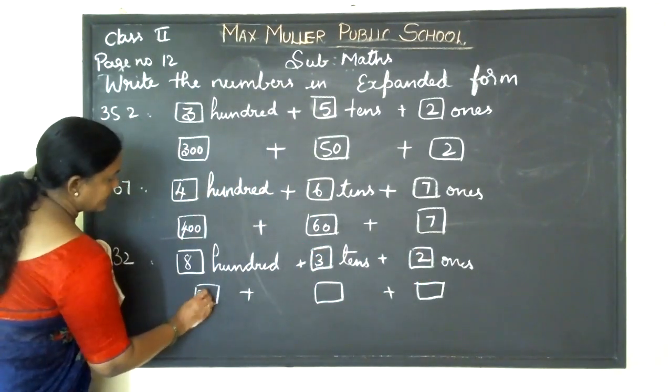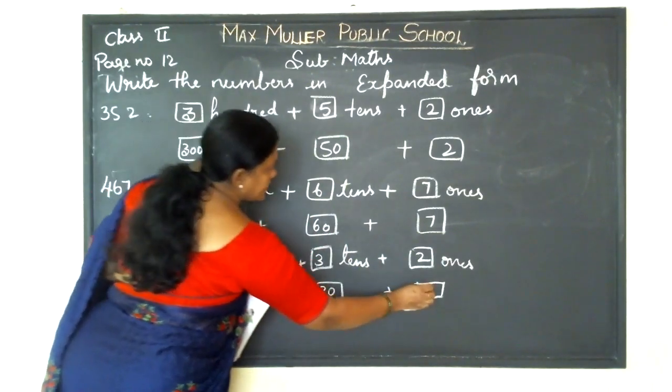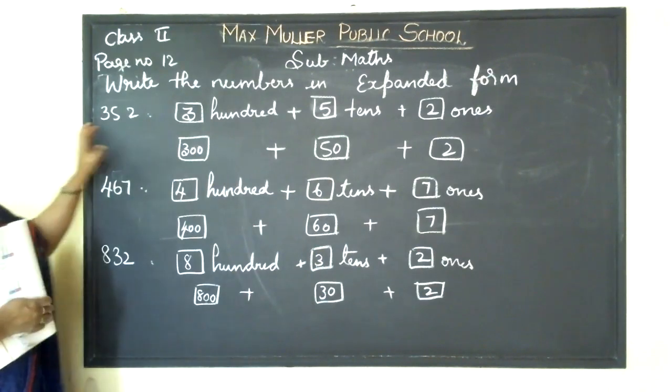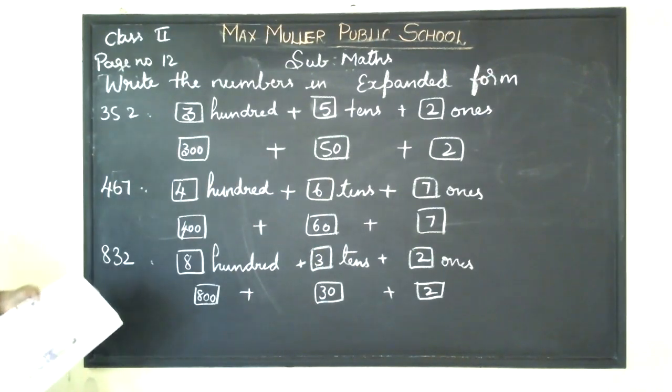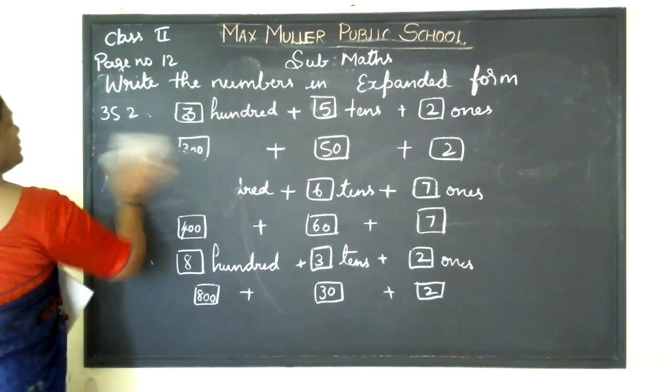Here 800. 30, 2. Like that you want to write the numbers in expanded form. Shall I rub the first one, children?